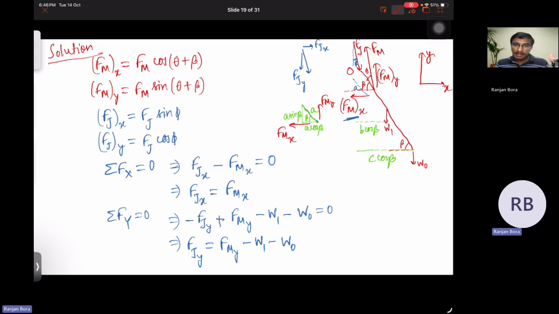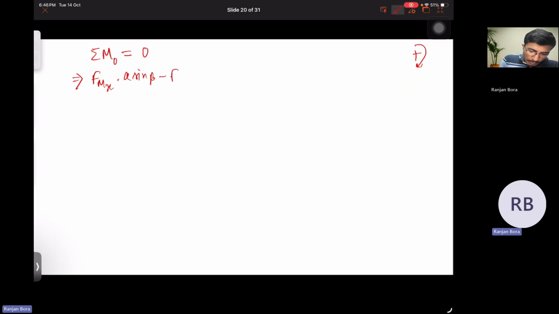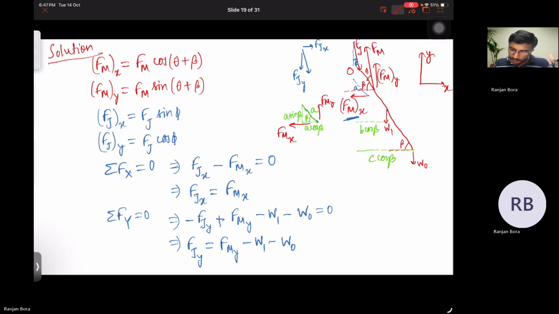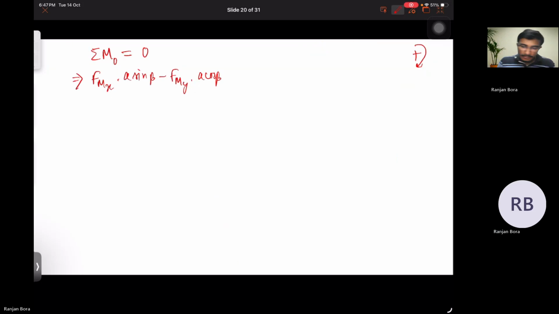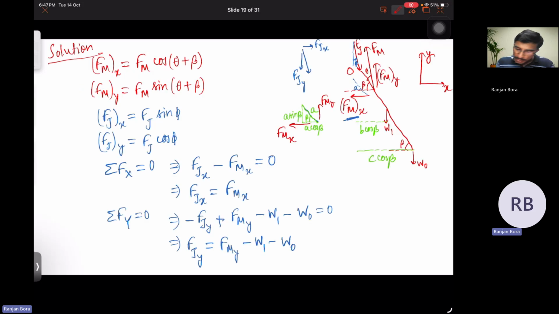Fmy is acting in the anticlockwise direction, minus Fmy dot A cos beta. W1 is acting in the clockwise direction, plus W1 dot B cos beta.